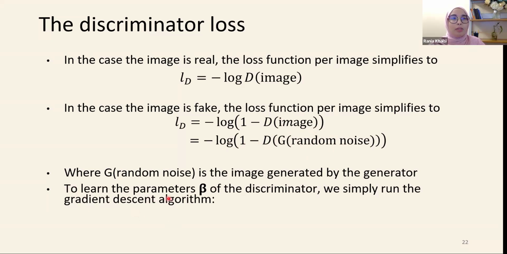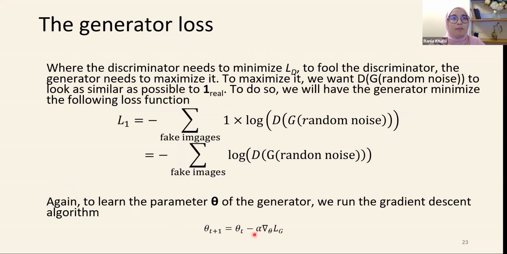And to learn the parameters beta of the discriminator, we simplify with this rule. So sorry, this is the discriminator loss for now. In the case of the discriminator, we need to minimize L_D. The idea is that we want to fool the discriminator, so the generator needs to minimize that element.